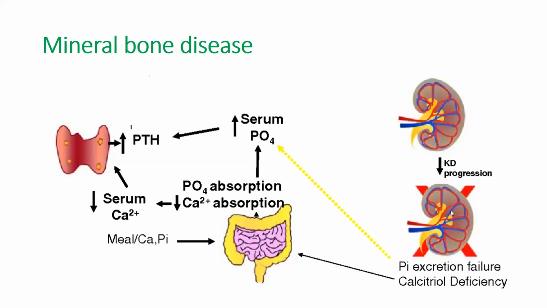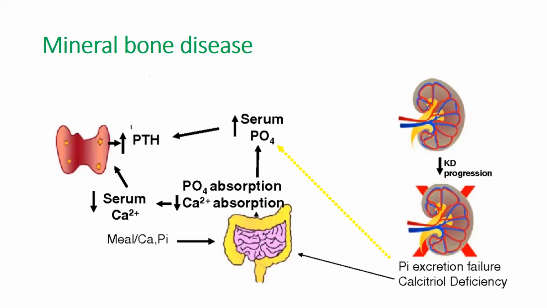At the same time, when the kidneys are damaged, your active vitamin D does not form and you end up with vitamin D deficiency, and that will lead to direct stimulation of PTH cells. And at the same time, when you have vitamin D deficiency, calcium absorption goes down from the gut and you end up with hypocalcemia. That will also result in high PTH levels.